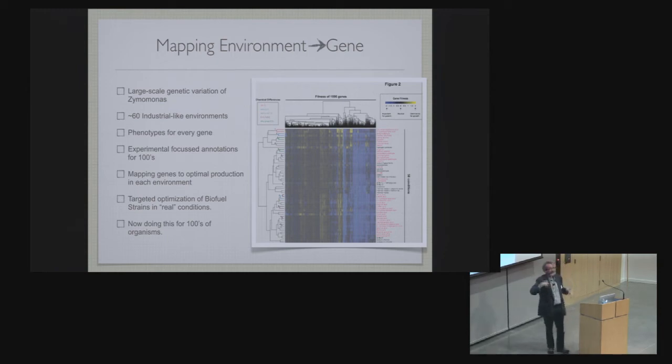We actually got biochemical functions from this, which is kind of interesting. It allowed us to figure out how genes should be expressed to optimize production while minimizing impact on its health. Then we built those bugs and were able to make them produce better in these complicated environments. So it's an example of how to take environmental context and turn it into a design for genetic context. So this is the cluster that we're talking about there.